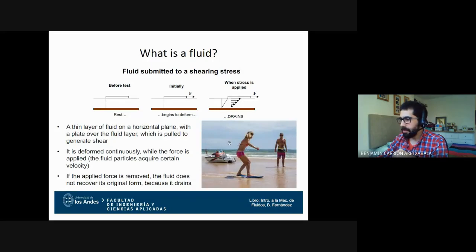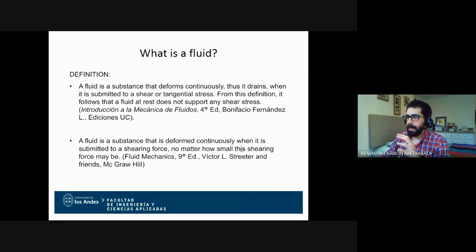Let me jump to the definition. A fluid is a substance that cannot stand shear stresses. Under a shear stress, a fluid will start to deform, and under a pressure stress, not necessarily will it deform. We'll see later on. The key thing is that a fluid doesn't stand shear stresses, which are forces per unit area applied tangential to the surface.